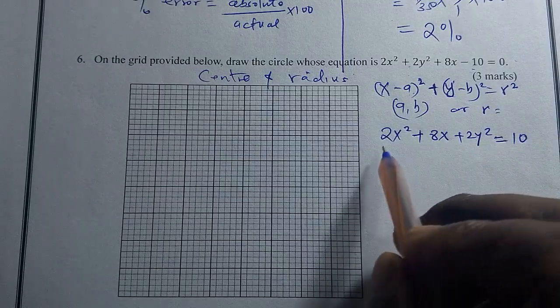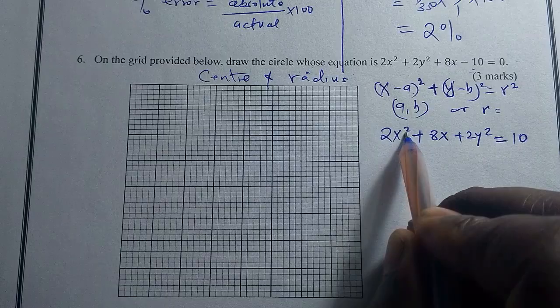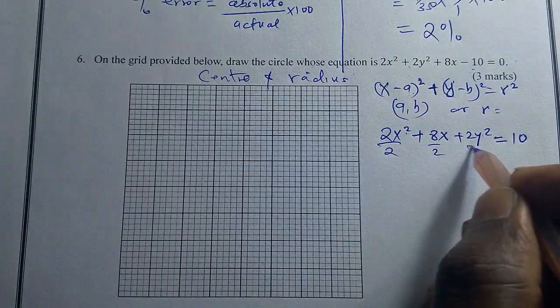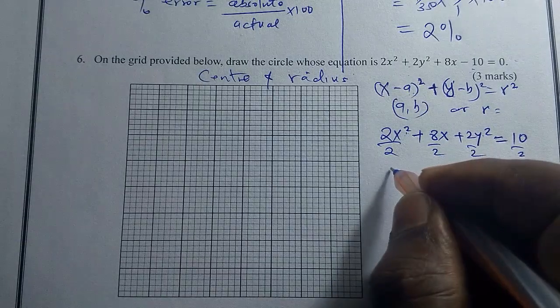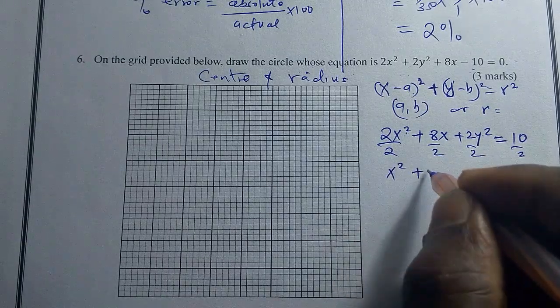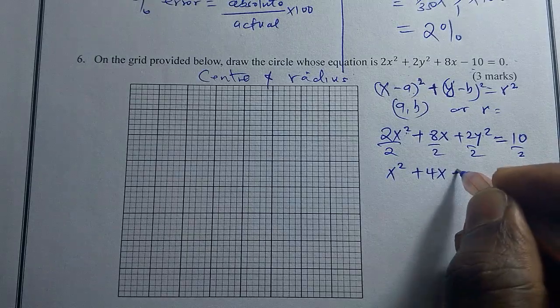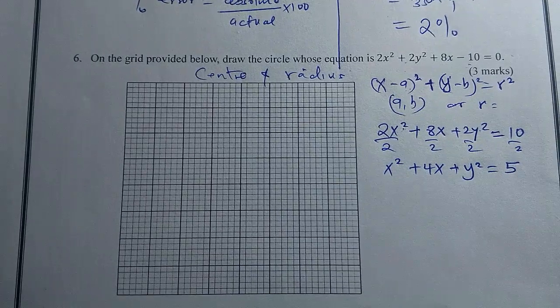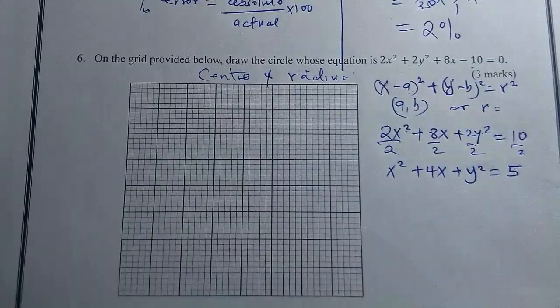Always make sure the coefficient of the squared term is 1, so divide by 2 everywhere. So we have x² + 4x + y² equal to 5.